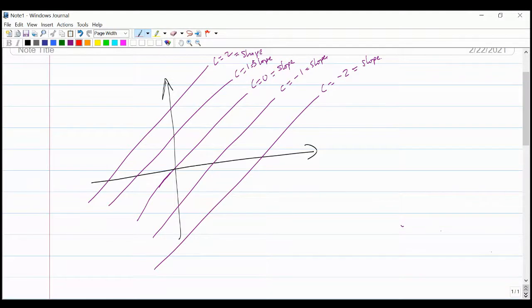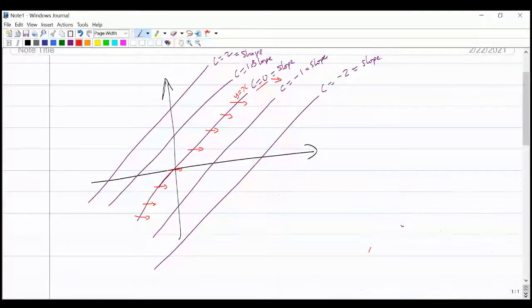Right. So what we know is the slope c is equal to 0. It means I have a horizontal slope along that isocline. So this is the isocline y is equal to x. Along this isocline, I should have the horizontal orientation, so I put horizontal arrows along that isocline.